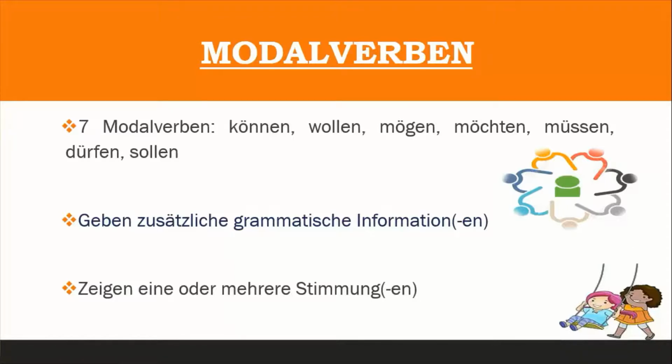But sometimes the modal verbs come for help when the main verbs fail to do something on their own or fail to show some information on their own in the sentences and questions. So we say that modal verbs give additional grammatical information in sentences and questions.